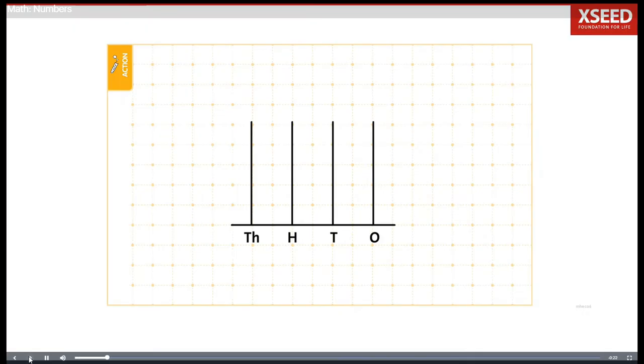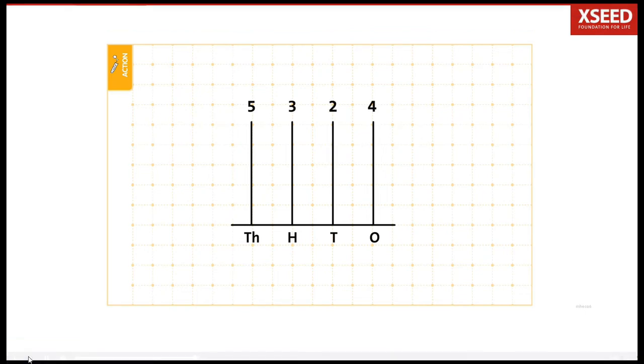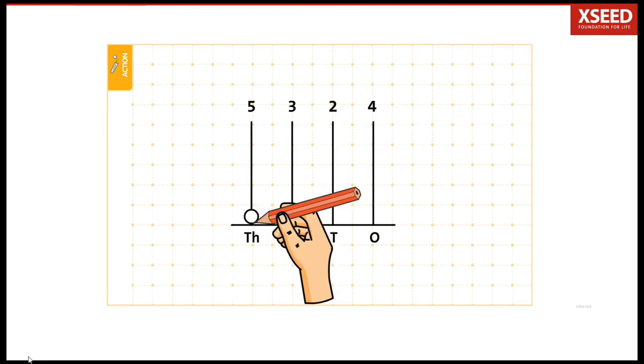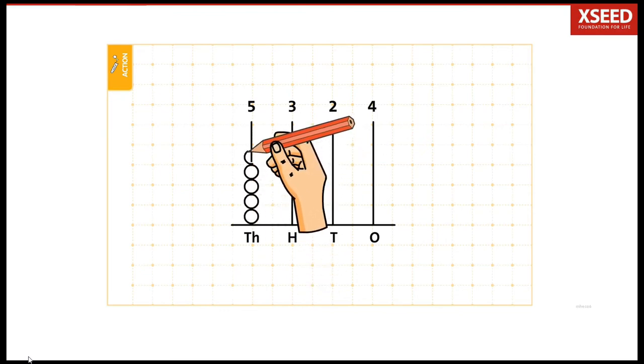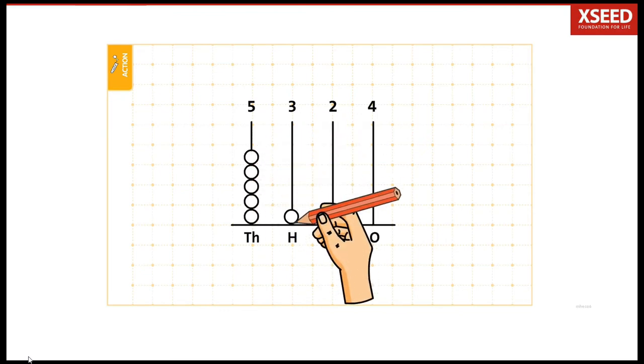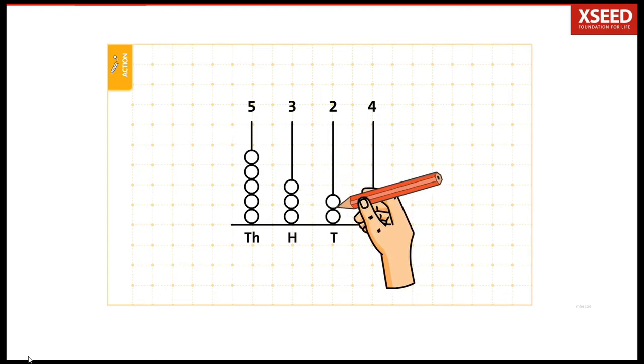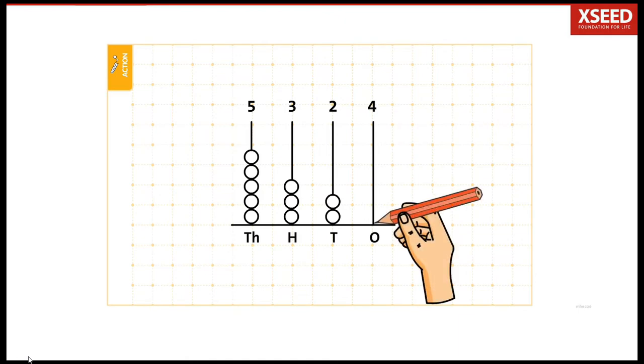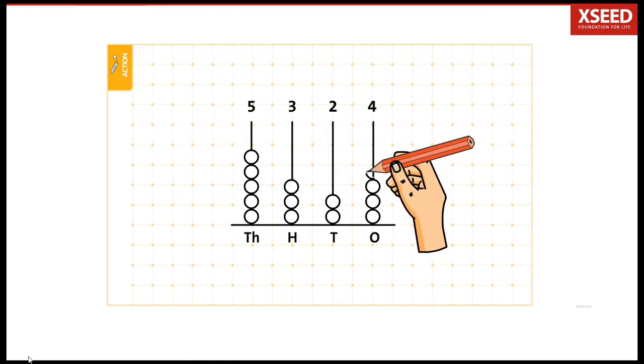Let us now show the number 5,324 on the abacus. Draw 5 beads on the thousands rod, 3 beads on the hundreds rod, 2 beads on the tens rod, and 4 beads on the ones rod.